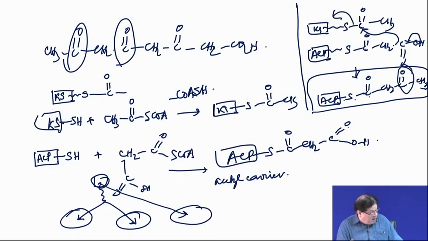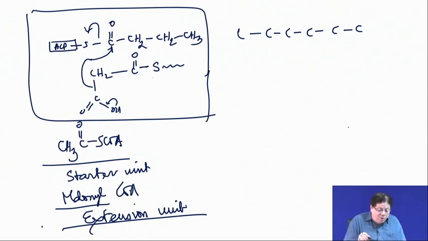See, at the end of the reaction, what you end up with is a terminal CO2H. If it is palmitic acid, that means you have to have 7 cycles of this reaction. So, 7 into malonyl unit means 2 carbon units, that is 14, plus acetyl CoA, that is 2, that means C16 is generated, and then if it falls off from the enzyme system, you will get the CO2H.